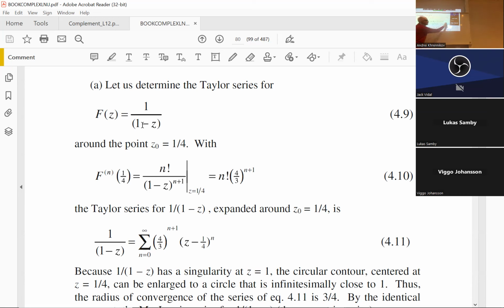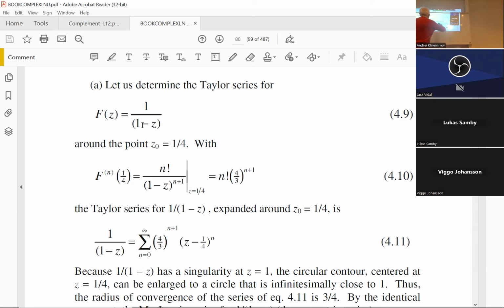Now we can expand this using a geometric progression, and we will get precisely this formula. It takes time to calculate these derivatives, but here the idea is: if you have some function, just extract z minus z0 in this function, as we did here.